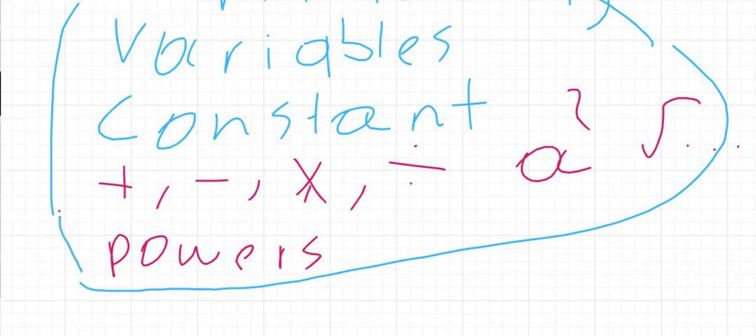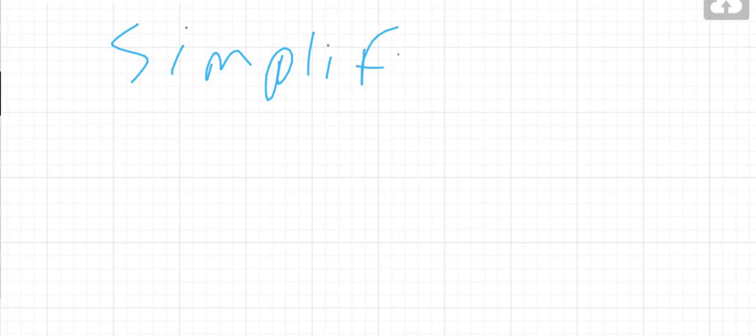So when you are given an expression, we should be looking for these things, which mark what we call an algebraic expression. But what does it mean to simplify? Because we say you should simplify these expressions, but what does it mean to simplify?